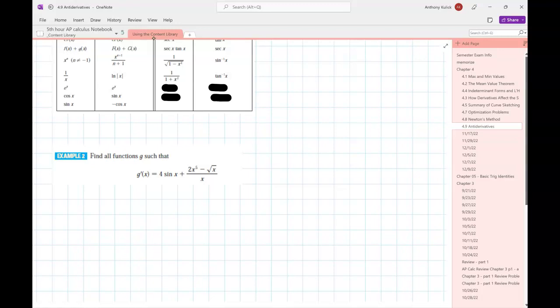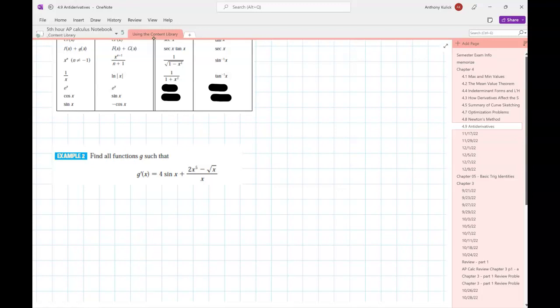So whatever my answer is, it needs to have a plus C at the end. So when it says find all functions, that means the most general antiderivative. You have infinitely many functions because you could have plus 1 or plus 2 or plus 3 or plus 4. Put the plus C at the end.